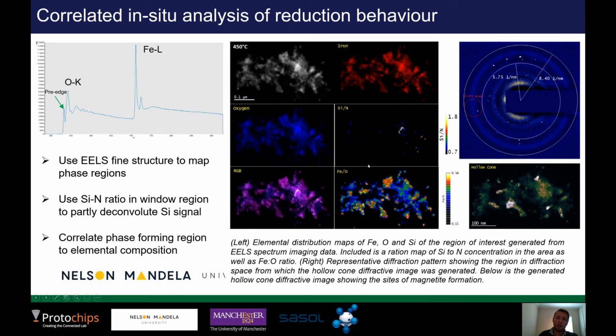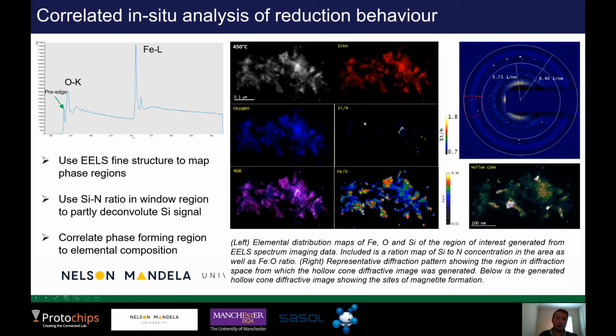You can then correlate that to quantitative EELS compositional mapping of that same area. Over here, you can see this is a map of the iron divided by oxygen concentration. You can see areas where you have got a concentration of iron is the likelihood for the formation of magnetite to occur.